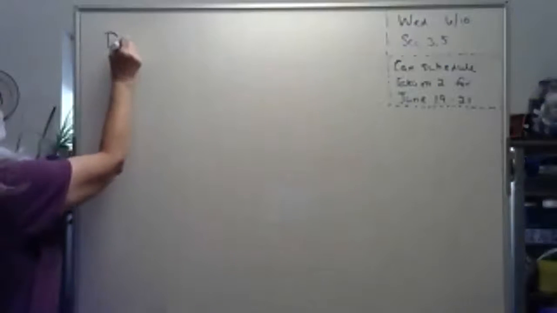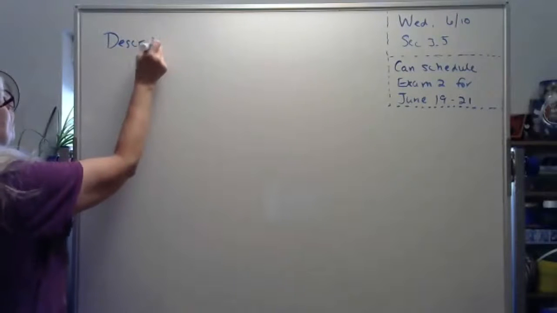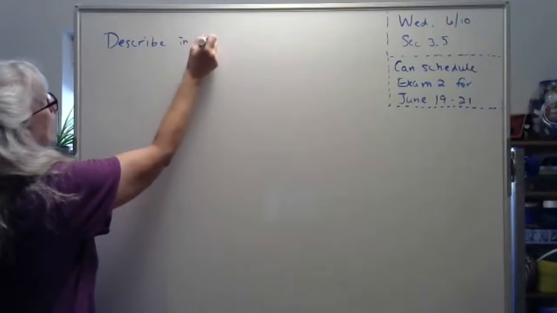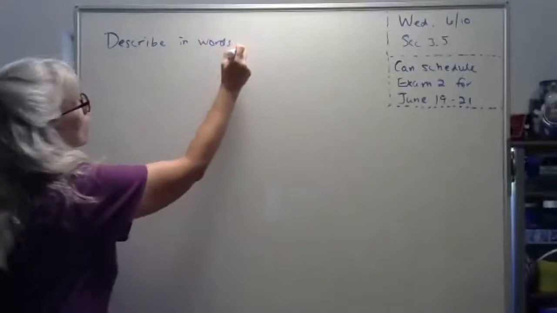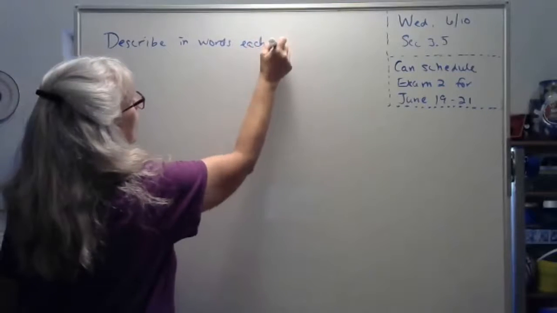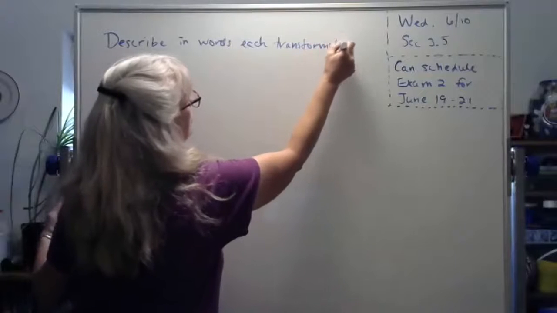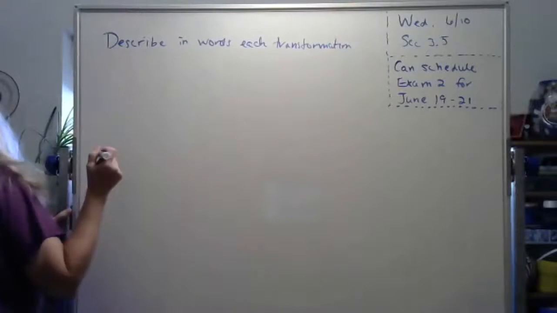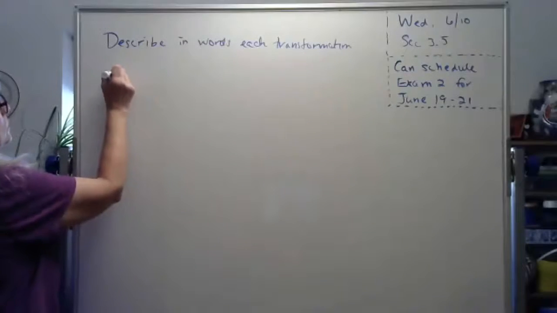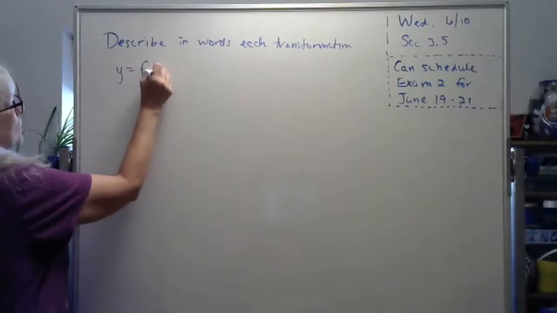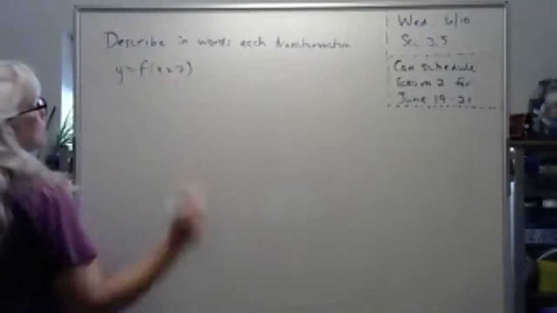So what we're going to do is y equals f of x plus 7.